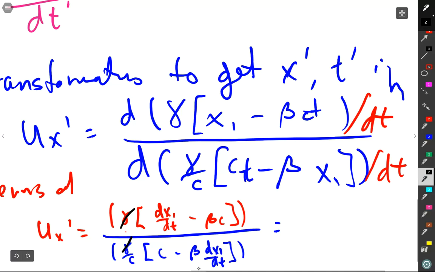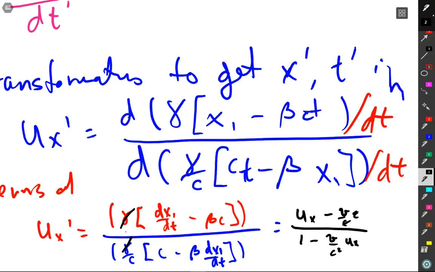And since this is 1 over c on bottom, I'm going to leave the top as it is and bring this 1 over c inside of that parenthesis. So on top I have ux, because that's what dx dt is, minus v over c times c, minus v over c squared times ux.